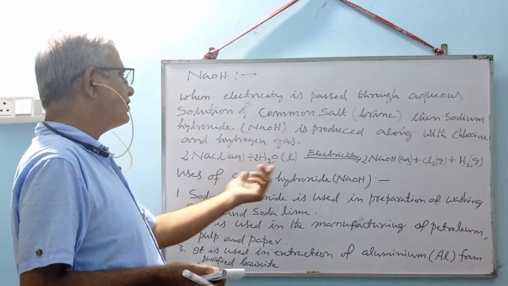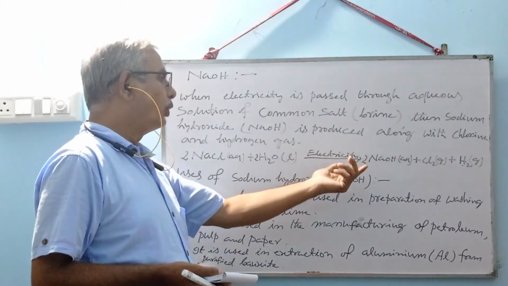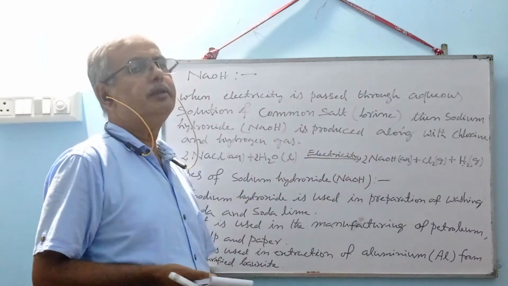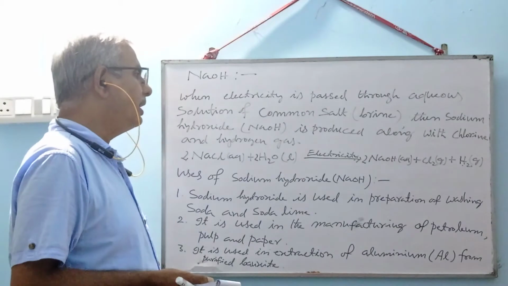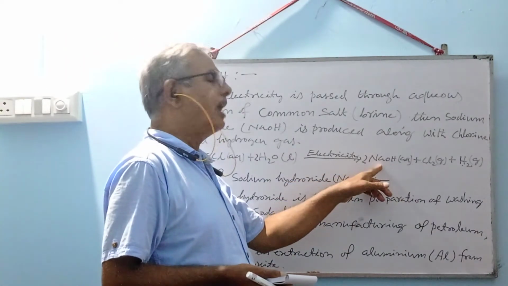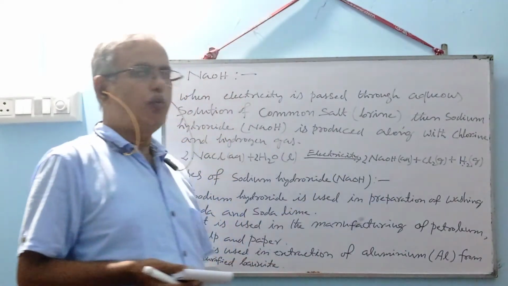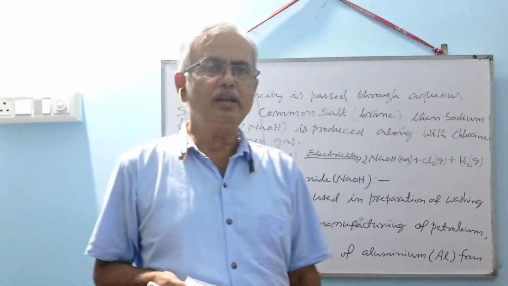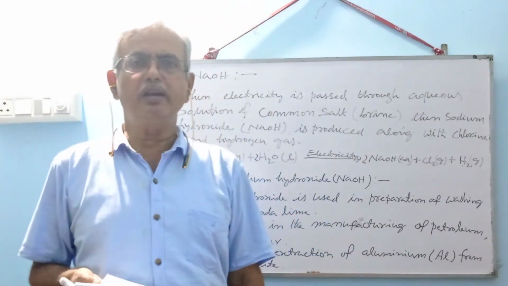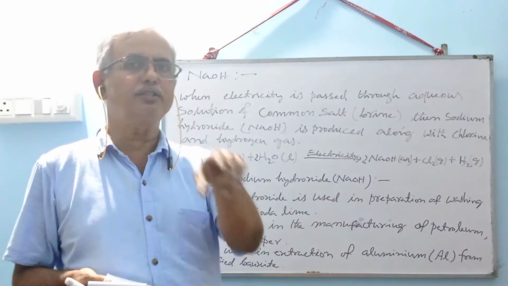The name of the process is the chlor-alkali method. Why chlor-alkali method? It is called so because we are getting chlorine gas and alkali, sodium hydroxide. What is the difference between alkali and bases? I told earlier, those bases which can dissolve in water are called alkali.